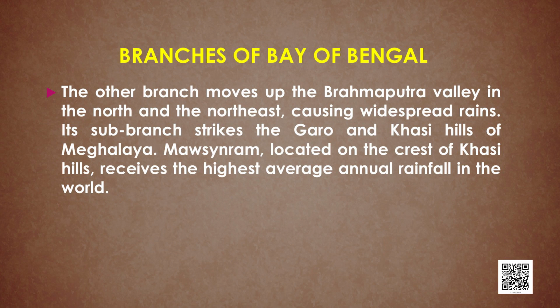The other branch moves to the Brahmaputra valley in the north and northeast, causing widespread rainfall, and its sub-branch also strikes the Garo and Khasi hills. You remember Mawsynram, which receives the highest rainfall in the world. Mawsynram, located at the crest of the Khasi hills, receives the highest average rainfall.